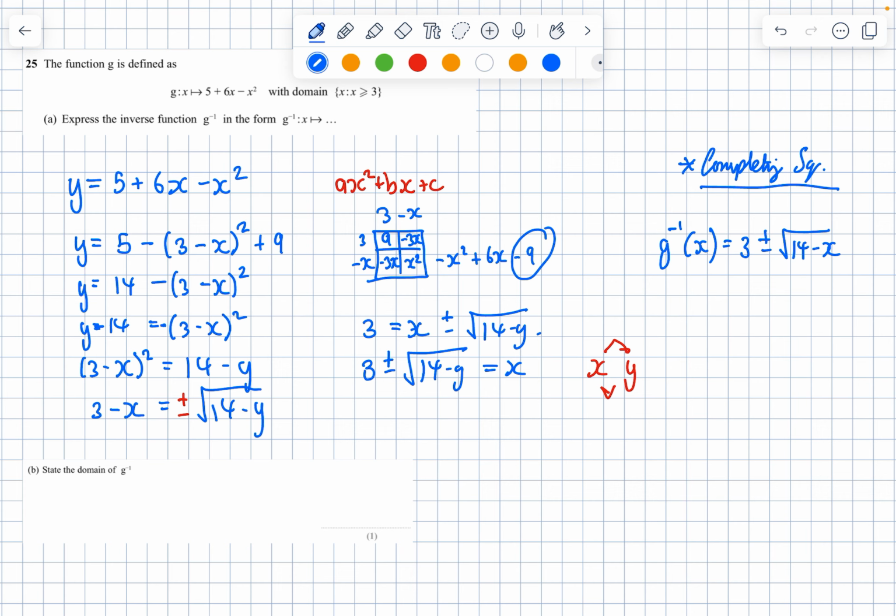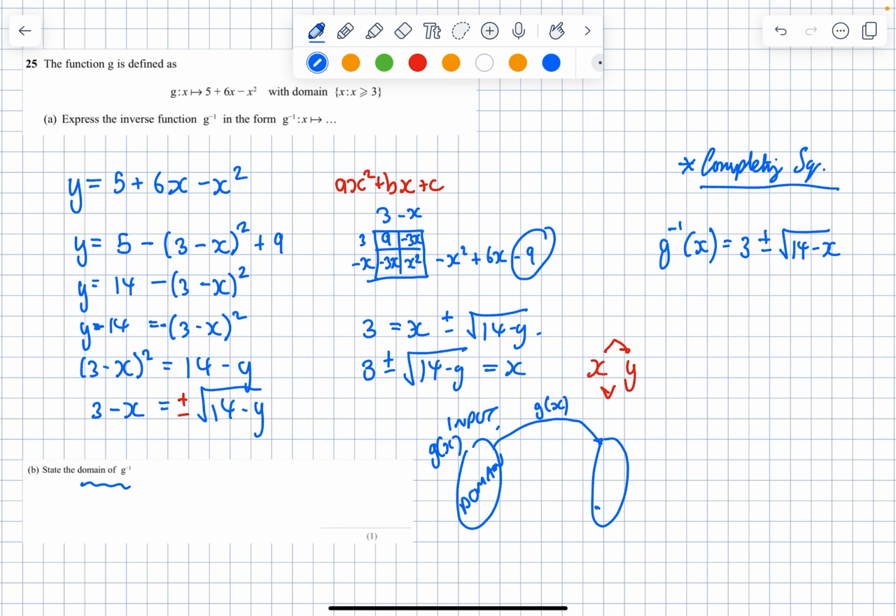Right, now the second part says the domain. What's the domain of that? Okay, well, what we have to remember is that our input comes from the domain of g of x. And then when I apply g of x to the domain, I end up with the range.